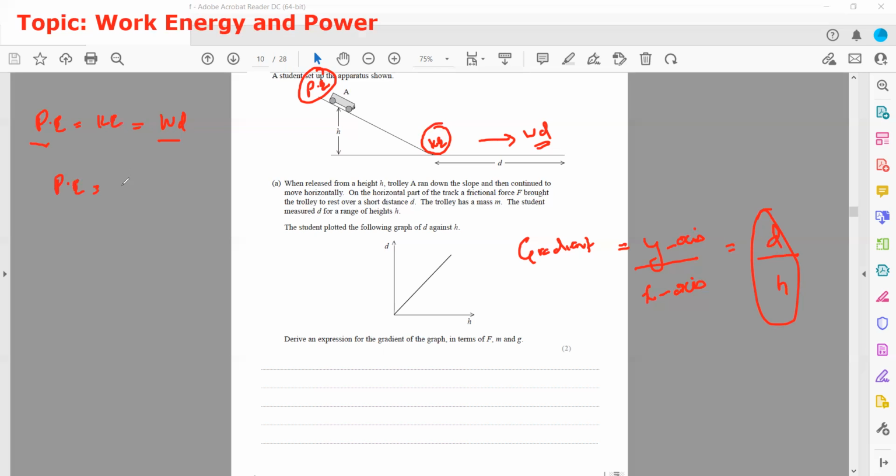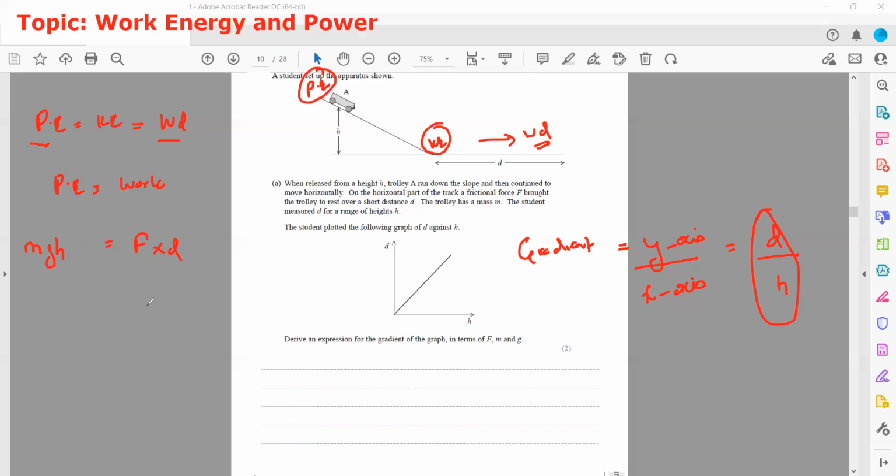We can say potential energy is equal to work, and potential energy is given by the formula mgh. And what about work? Work is a product of force and distance. Because we want a gradient, gradient is d over h, because a gradient is always the quantity on the y-axis divided by the quantity on the x-axis. So we want d over h.